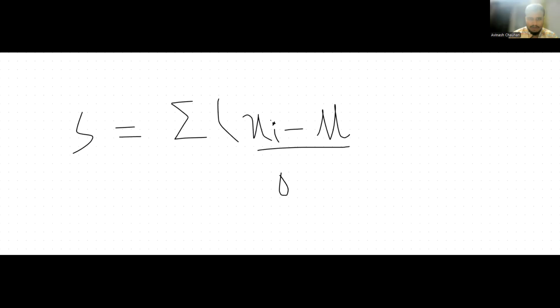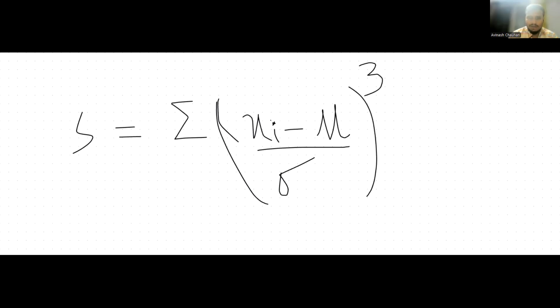The formula for skewness is summation of xi minus mu divided by standard deviation, whole to the power 3.